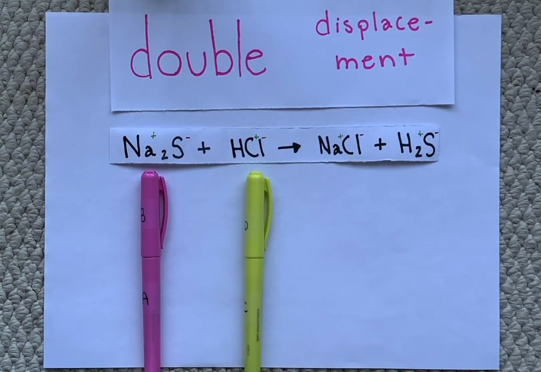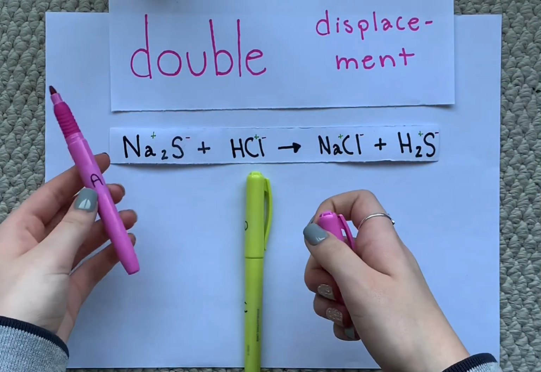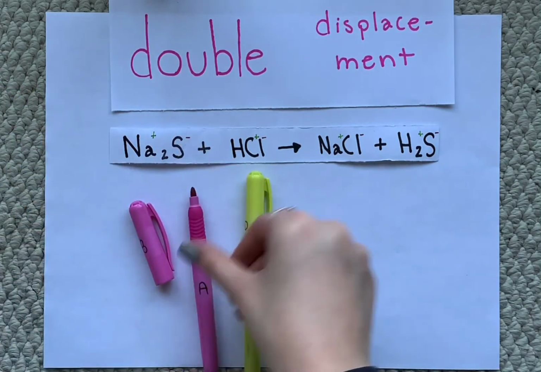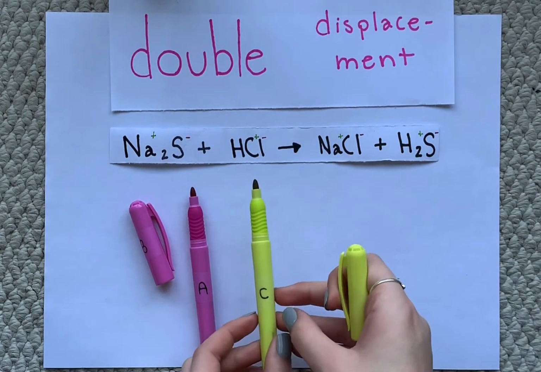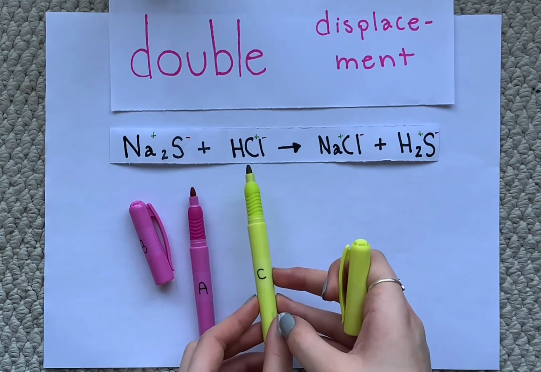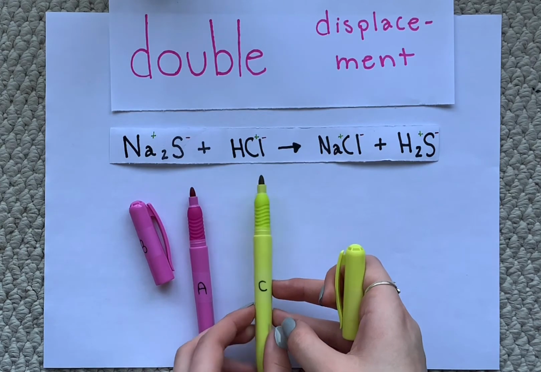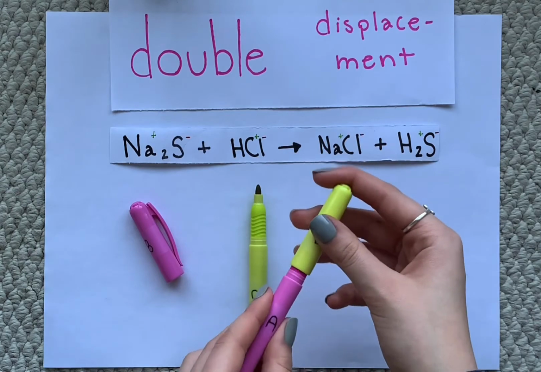So we're just going to go ahead and take our anion A, representing sodium, and we're going to take our cation C, representing hydrogen, and we're just going to flip-flop them.